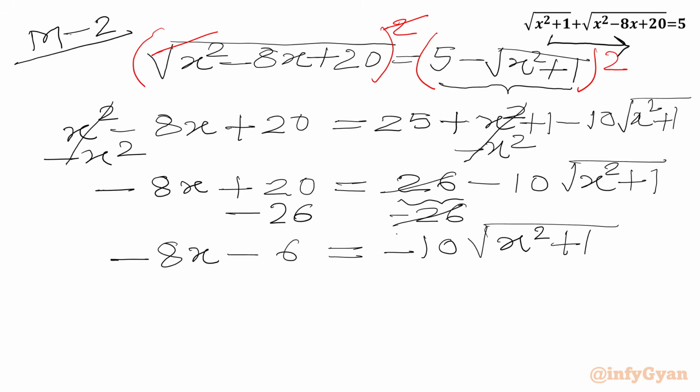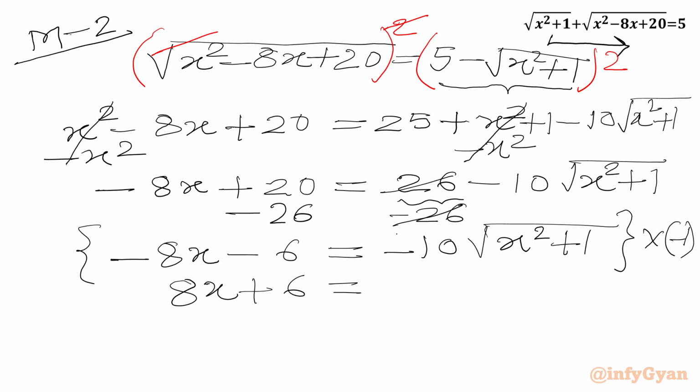We can multiply our equation with minus 1 on both sides. So I will write here times minus 1. The equation will become 8x plus 6 in LHS, 10 square root of x square plus 1 in RHS.